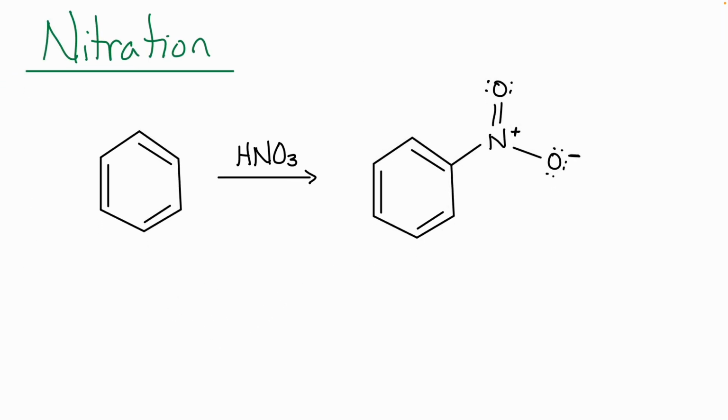Okay. Now, like we said, we got to have some catalyst in there that's helping this reaction. And in this case here, you throw in some strong sulfuric acid. What that strong sulfuric acid does is it dehydrates your nitric acid, creating our electrophilic species for this reaction.